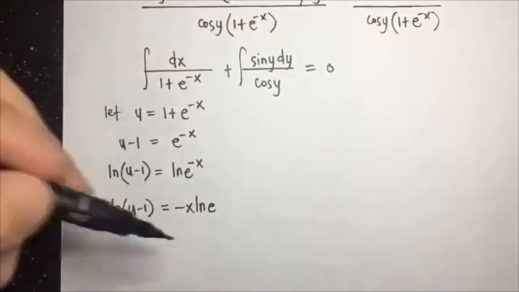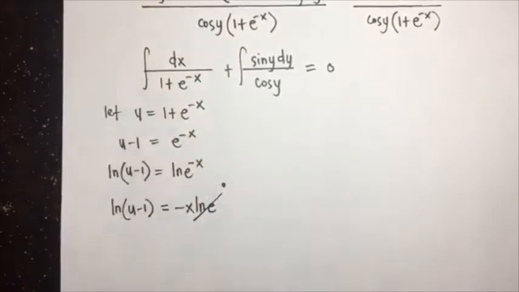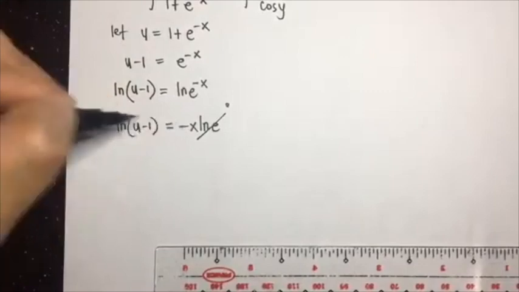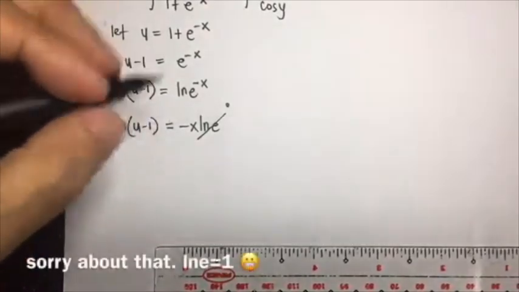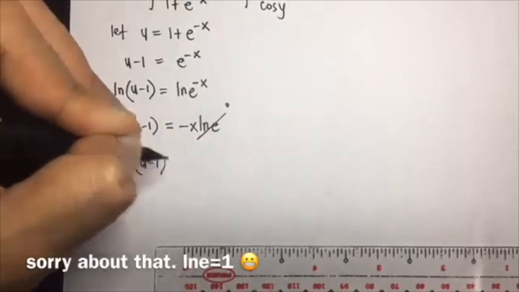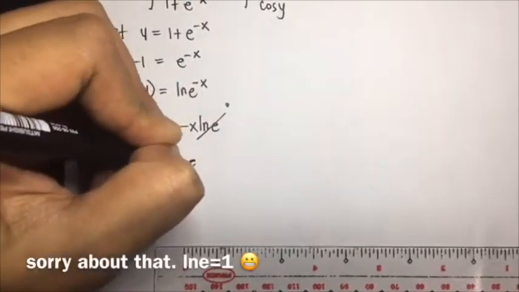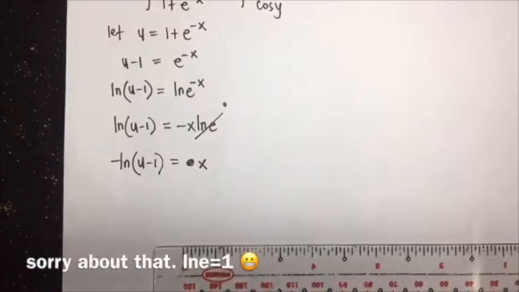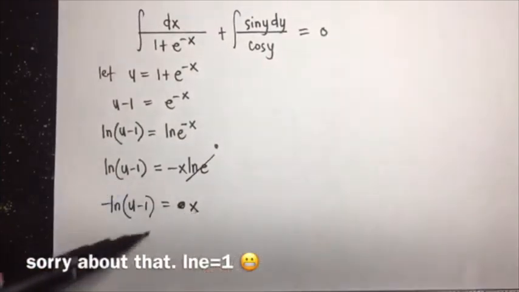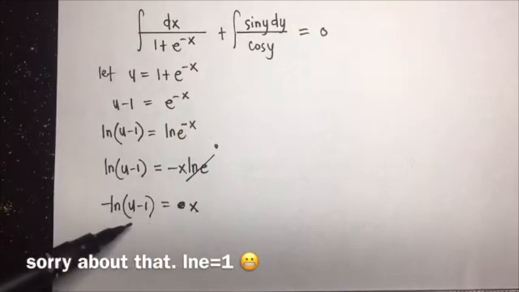Okay, but we know that ln of e is equal to 0, so we can also transfer the negative sign to the other side, so we will have negative ln of u minus 1 is equal to x. Since we will be needing dx, we'll differentiate both sides of the equation.